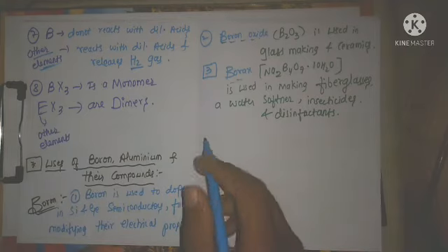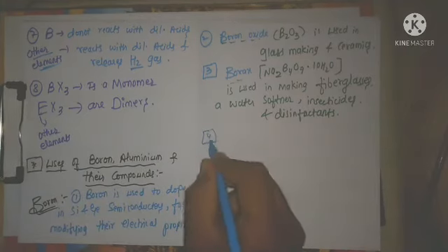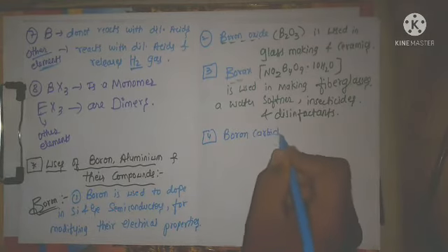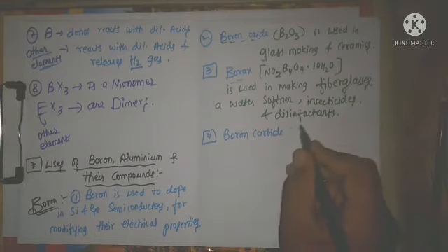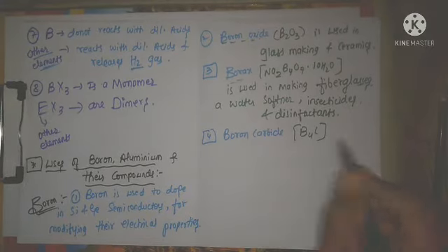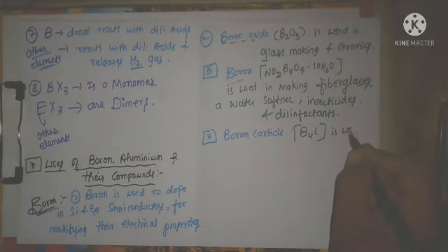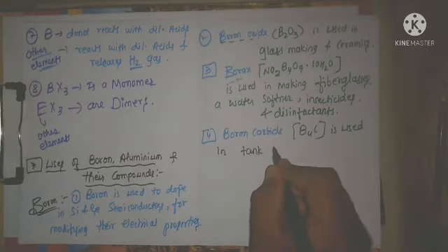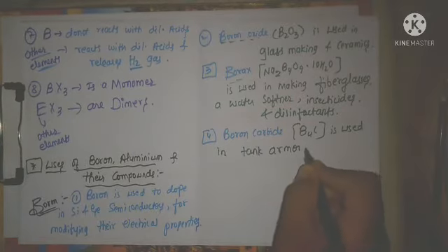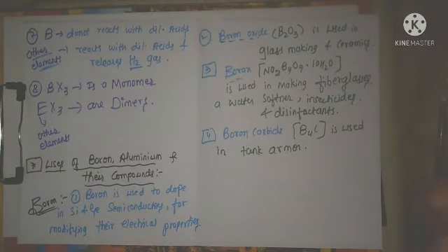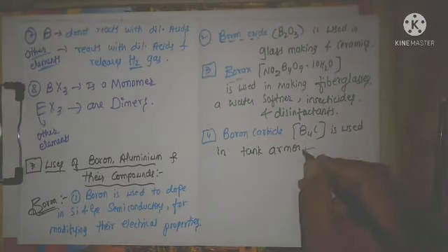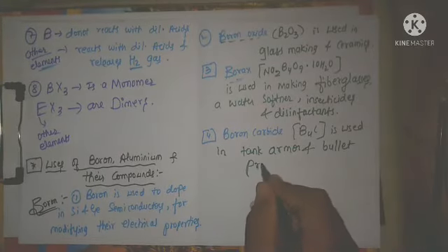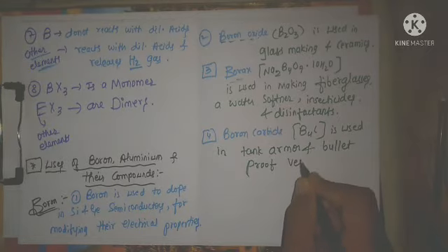Next, the fourth one is boron carbide. The formula of boron carbide is B4C, and it is used in tank armor, that is armies' tanks, or for making bulletproof vests.